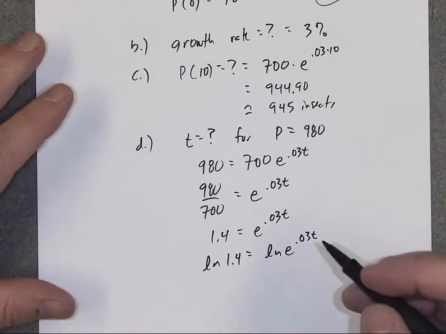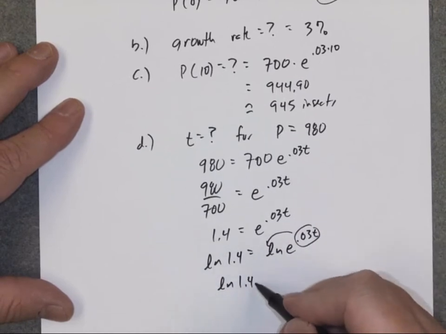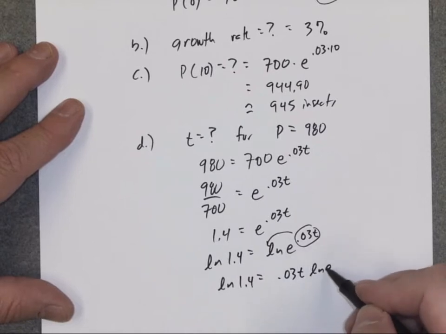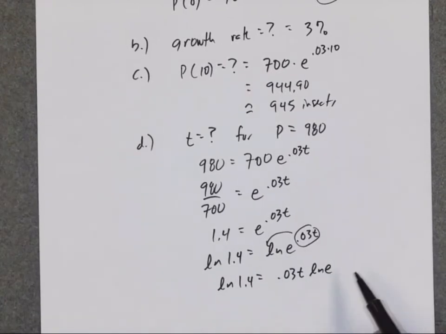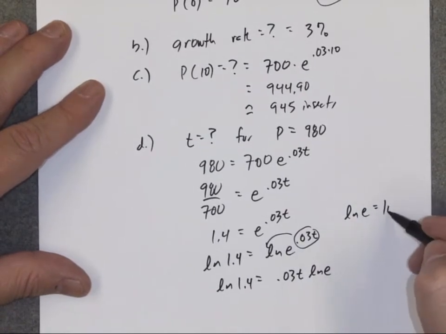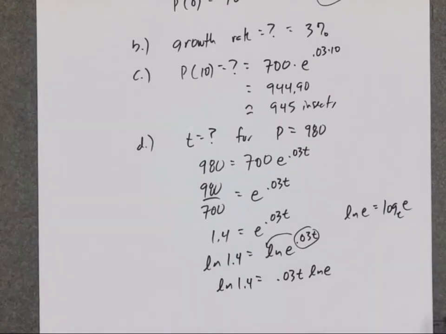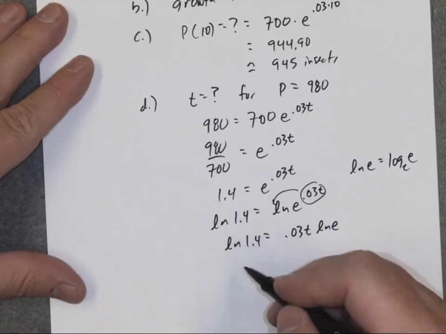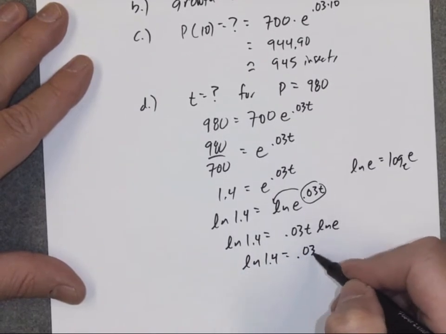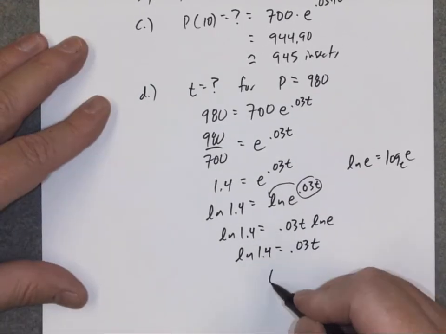So first of all, the exponent can move down in front of the log. Now what is natural log of e? Remind you, natural log you can think of as log base e. So what's log base e of e? It's just 1. So really what I have is natural log of 1.4 equals 0.03t.